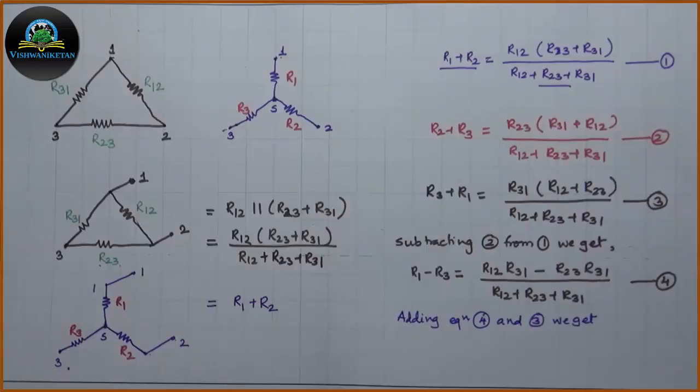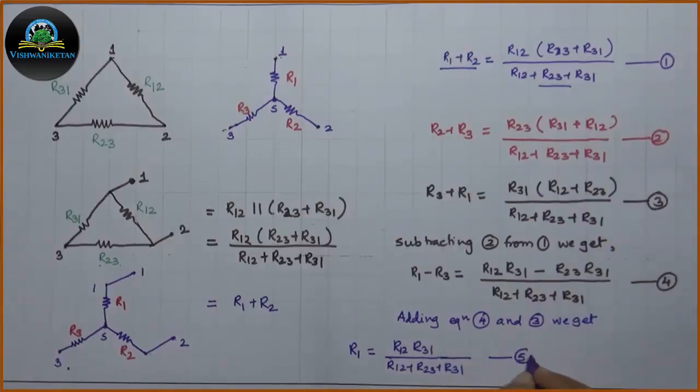Adding equation number 4 and equation number 3, we get R1 is equal to R12 into R31 divided by (R12 plus R23 plus R31).